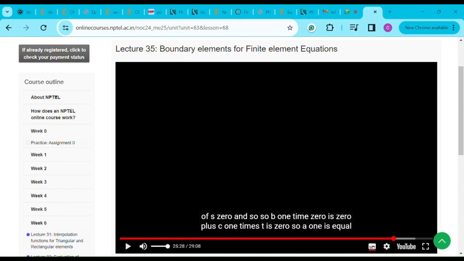I also forget the geometric transformation.